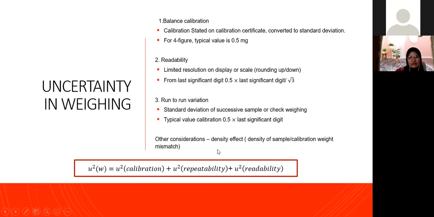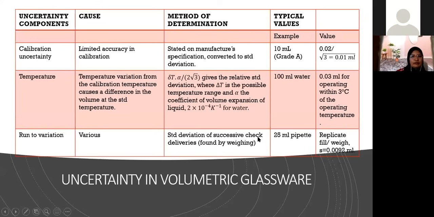There is consideration of density effect, if applicable. Example: uncertainty in volumetric glassware. So we come out with a table like this, we combine the uncertainty. First, uncertainty in calibration of the glassware, and the temperature.